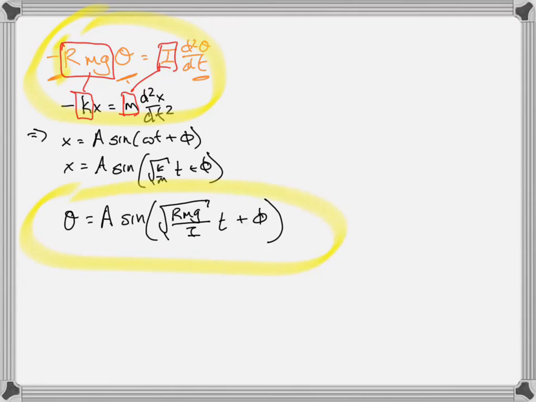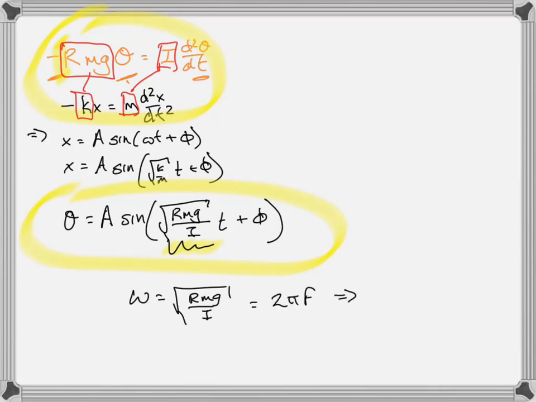This is the equation of motion for a physical pendulum. That's the solution to the physical pendulum. Now, remember what this is. This is omega. Omega equals the square root of RMG over I, and that is equal to 2 pi f.